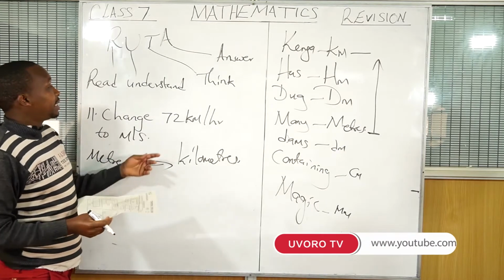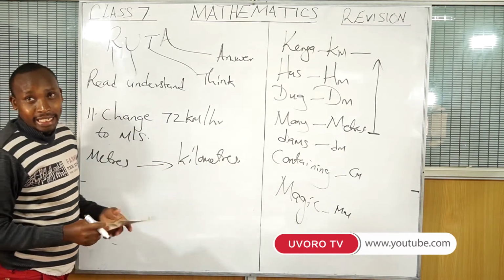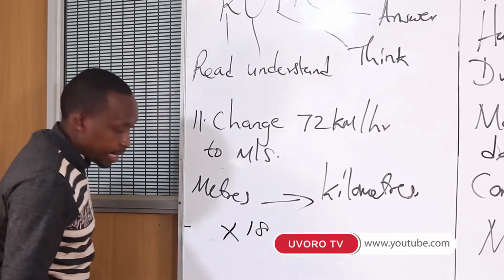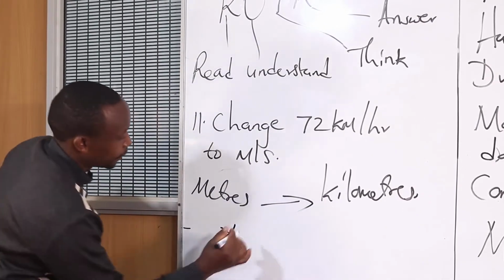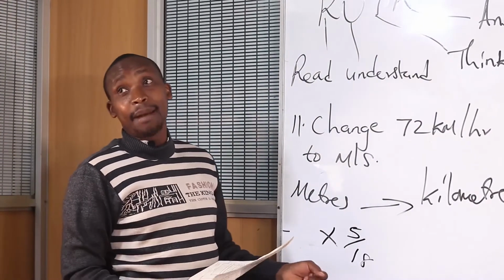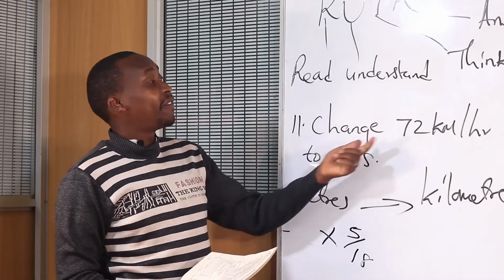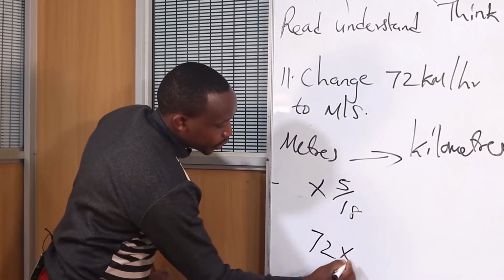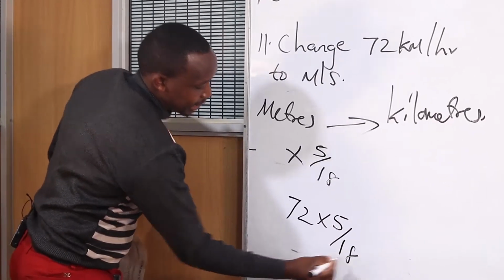When you change kilometers per hour to meters per second, you simply multiply by 5 over 18. The number given, you multiply by 5 over 18. So you will say 72 times 5 over 18.